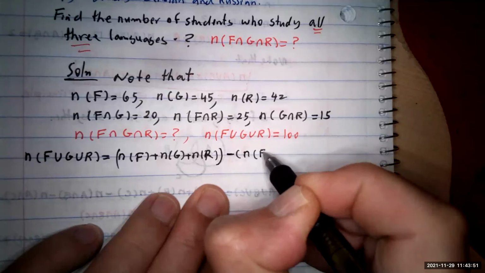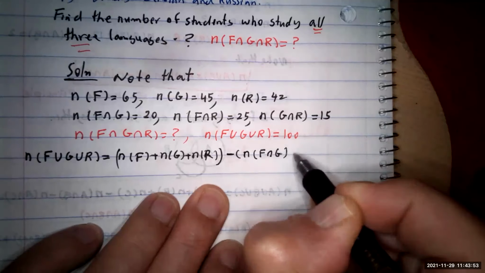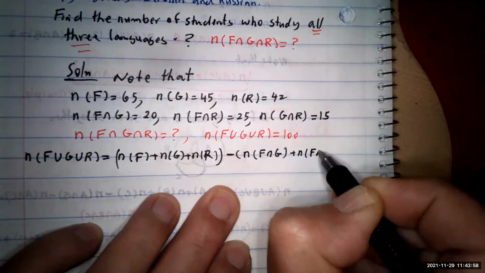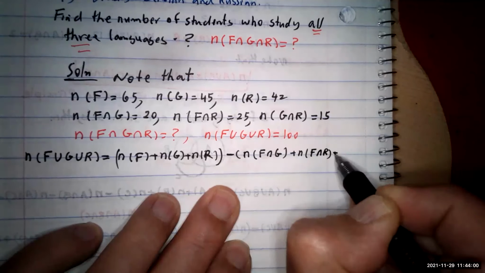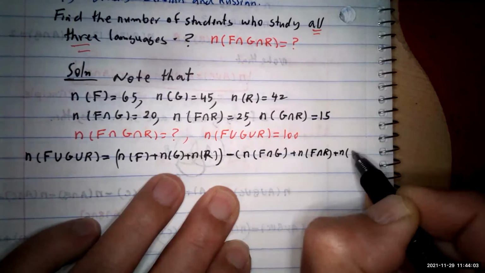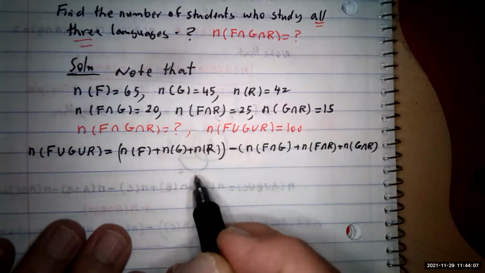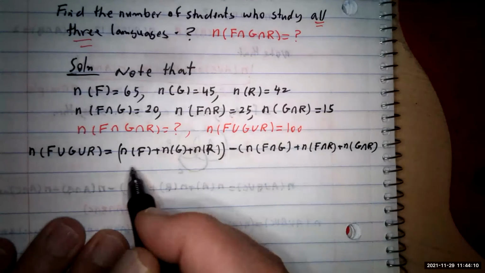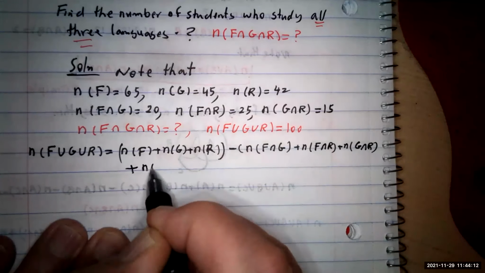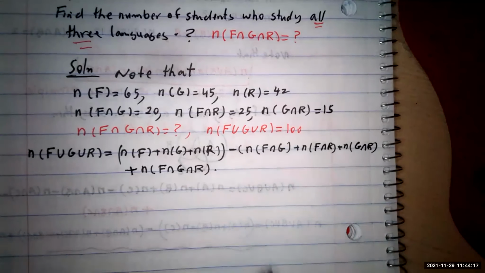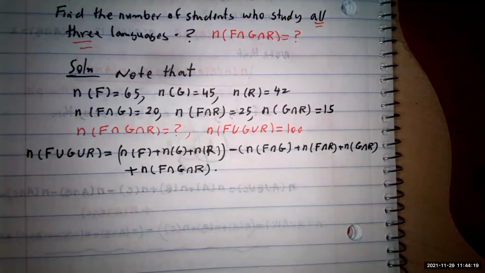So N of F and G plus N of F and R plus N of G and R. But remember, you have to add N of F intersect G intersect R. That's going to be your formula. Any question? Make sure to write your formula correctly and then substitute.